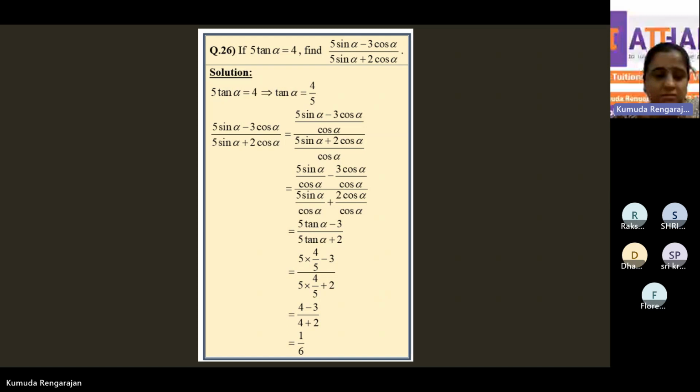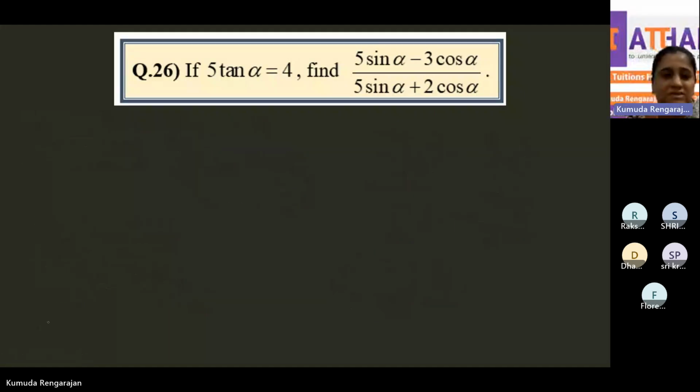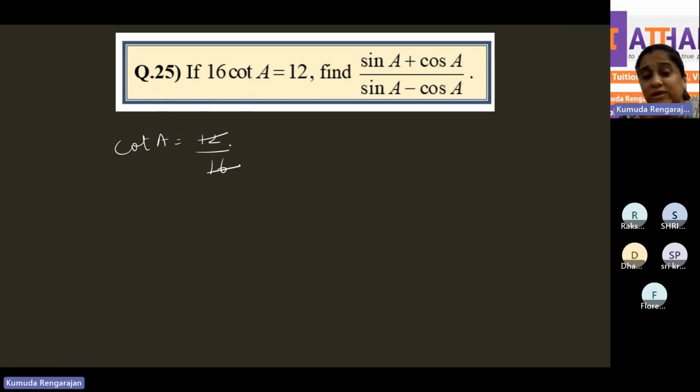All right. Same thing here. cot A is equal to 12 by 16. You can simplify. Sometimes we have a doubt because when we use Pythagoras theorem with 12 and 16, you'll get 20, but when you use Pythagoras theorem with 3 and 4, you'll get 5.